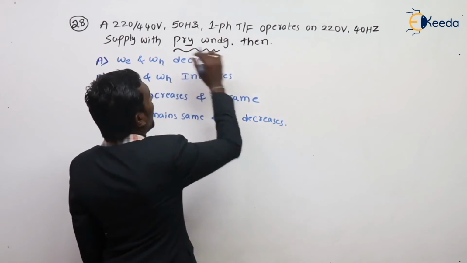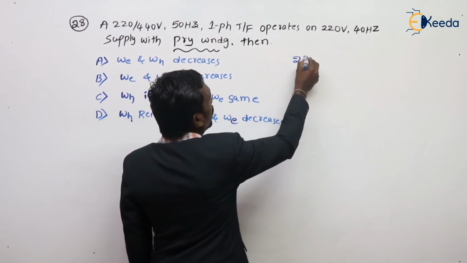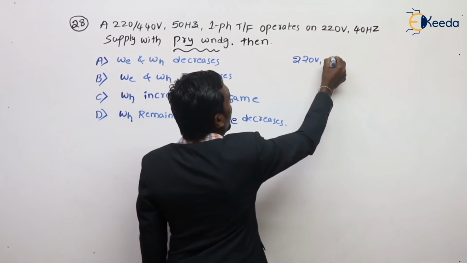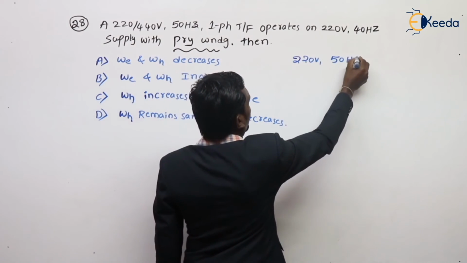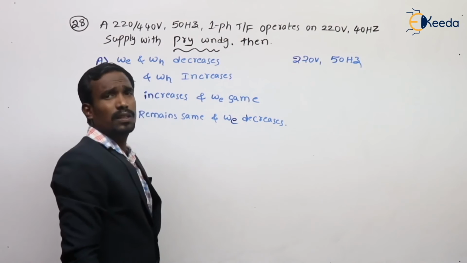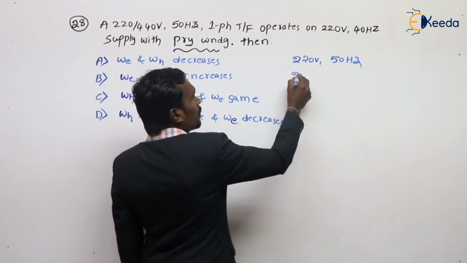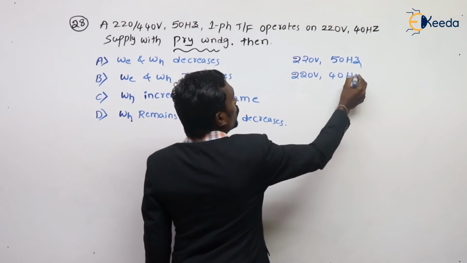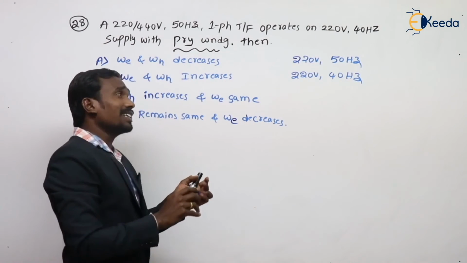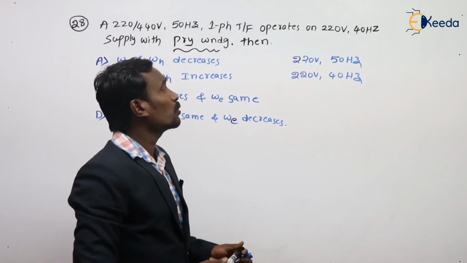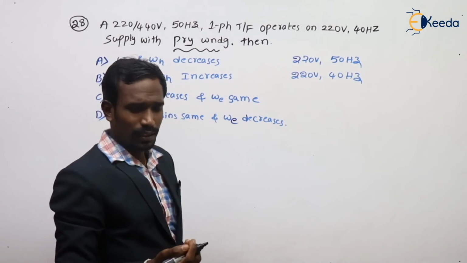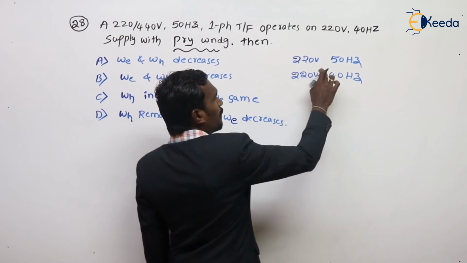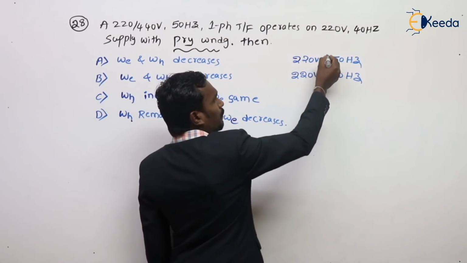Let's see. Actually the voltage is 220 volts and the frequency is 50 Hz. But now the transformer is connected to a 220 volts 40 Hz supply. So first of all, we have to find out the V by F ratio.